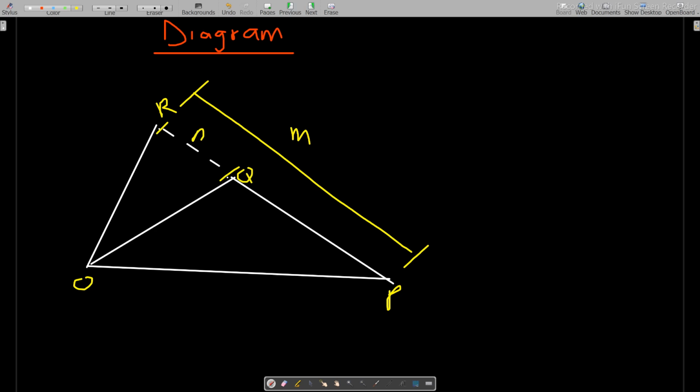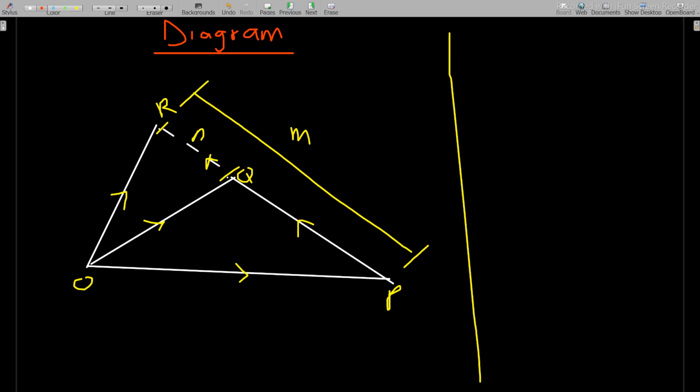Now OP is this, OQ is that, OR is that. So PQ goes this way, so it means PR will also go in the same direction. Okay, so this is a scenario, then everything becomes as simple as that. With this one too, we can say that if you take the vector PR and you divide it by vector, let's say QR, the same thing will happen here.